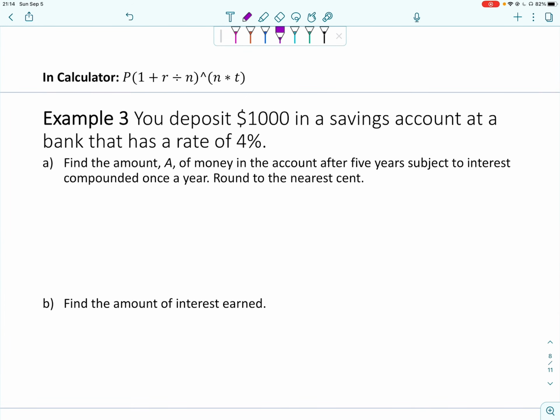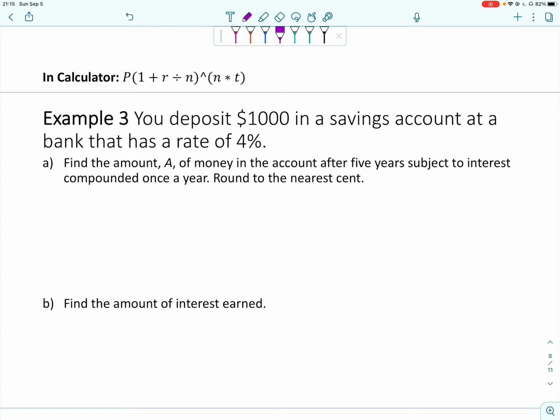So example, if you deposit $1,000 in a savings account at a bank that has a rate of 4%, there's no if in that sentence, but okay. Find the amount A of money in the account after 5 years, subject to interest compounded once a year, round to the nearest cent. All of this stuff that we're doing right now, we're talking about money.